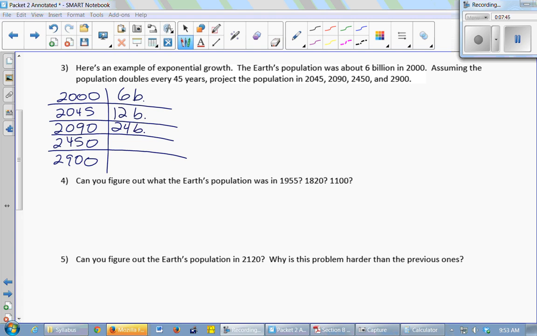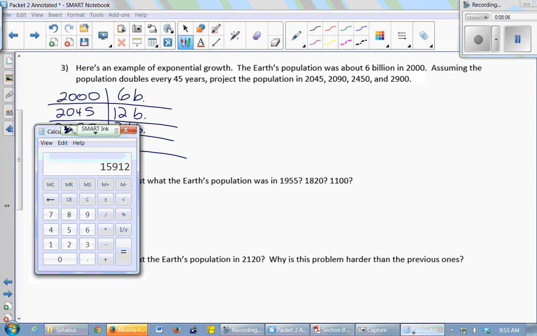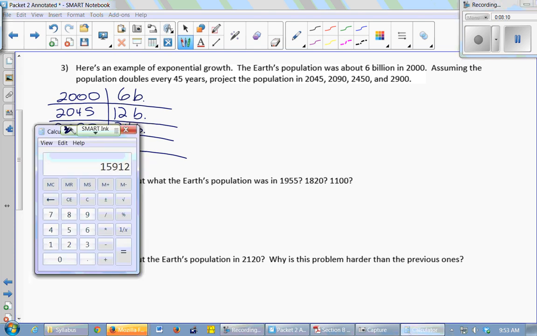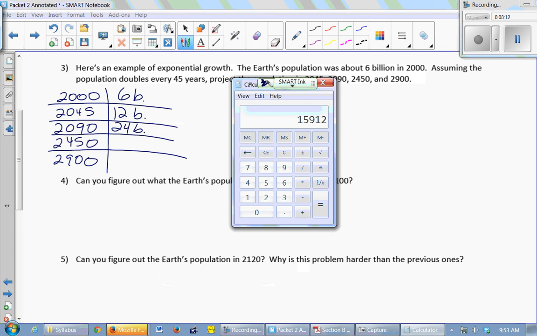All right, and then 2450, a lot more than 45 years has passed, right? So how did you come up with the population for 2450? Okay, hold on, slow down. So you said you wanted to know how many years had passed from 2090 to 2450.